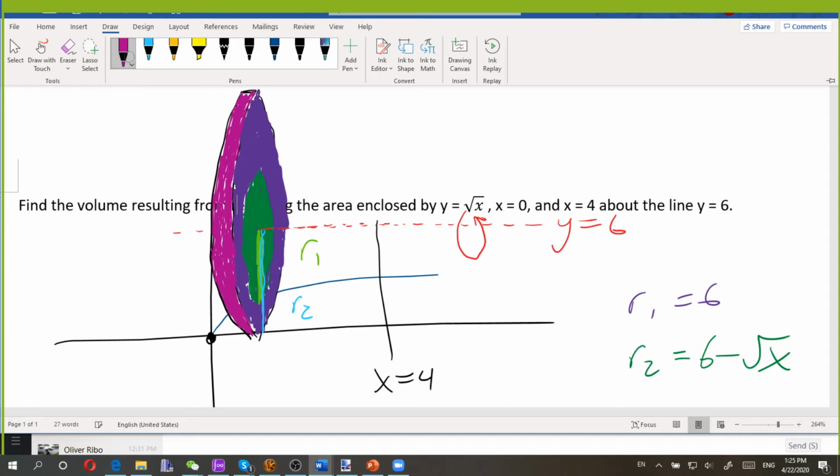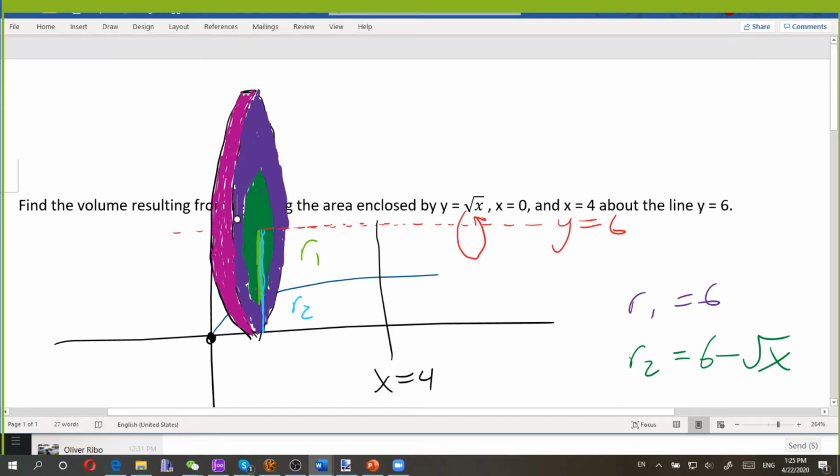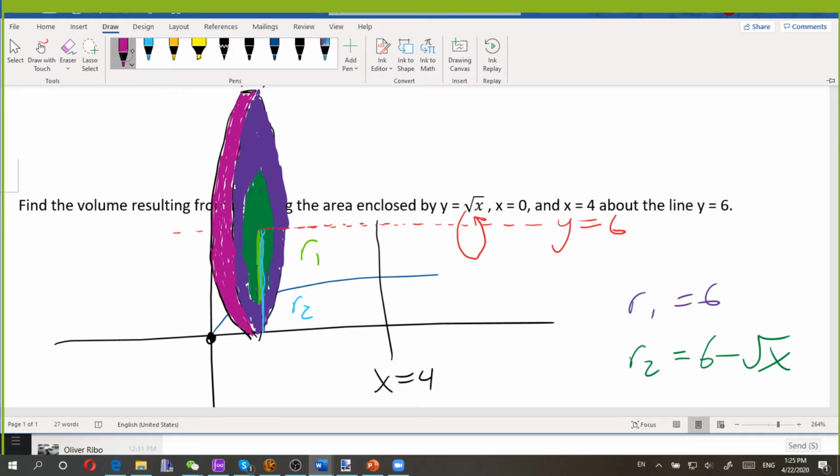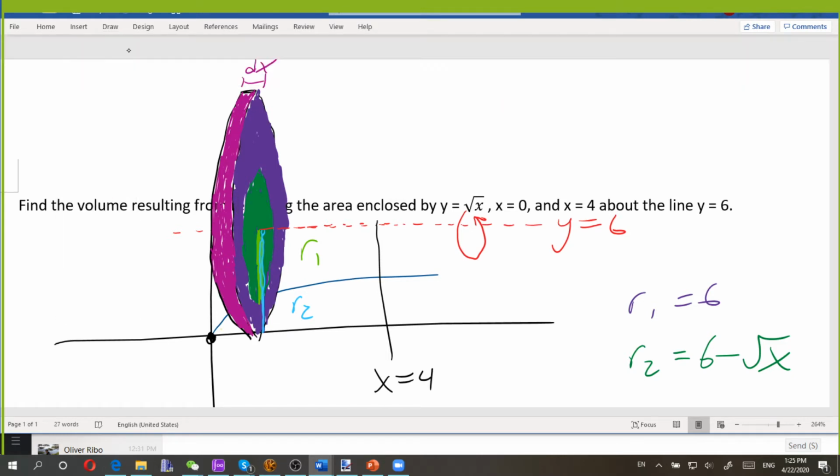And our infinitely small change in x is dx. I guess that means I can leave this part down here in yellow.